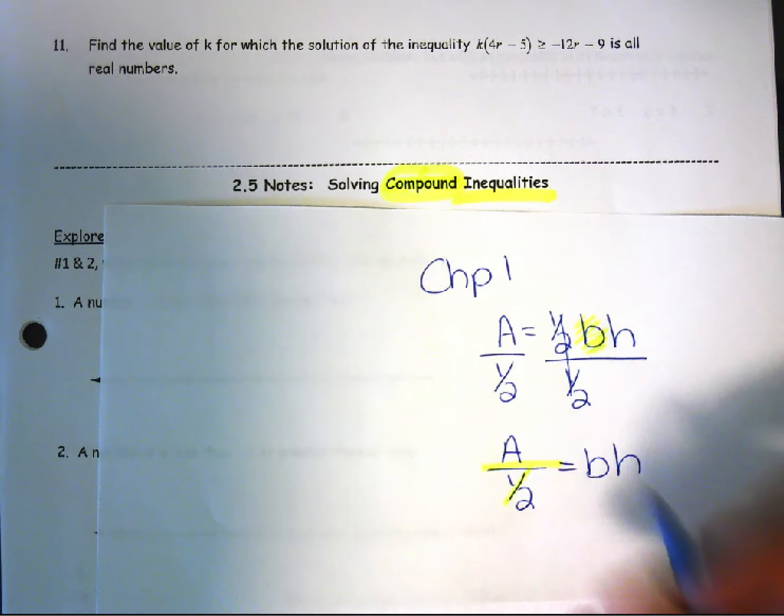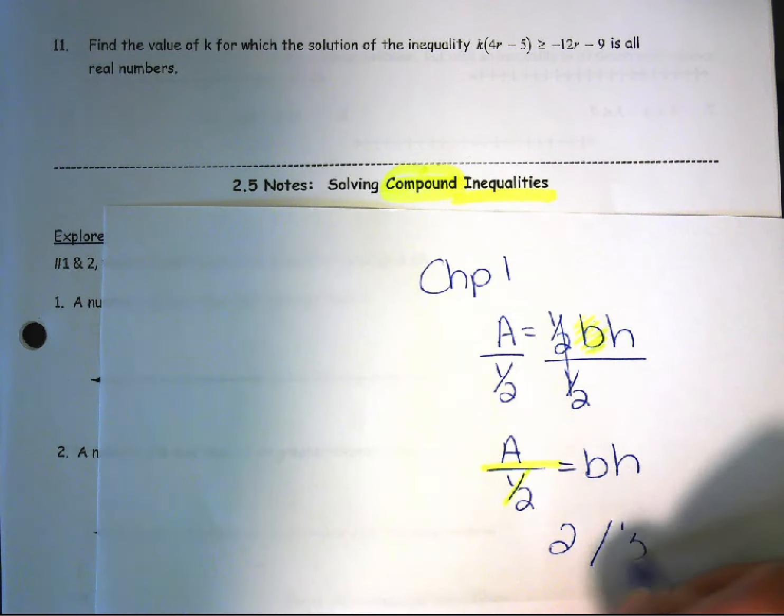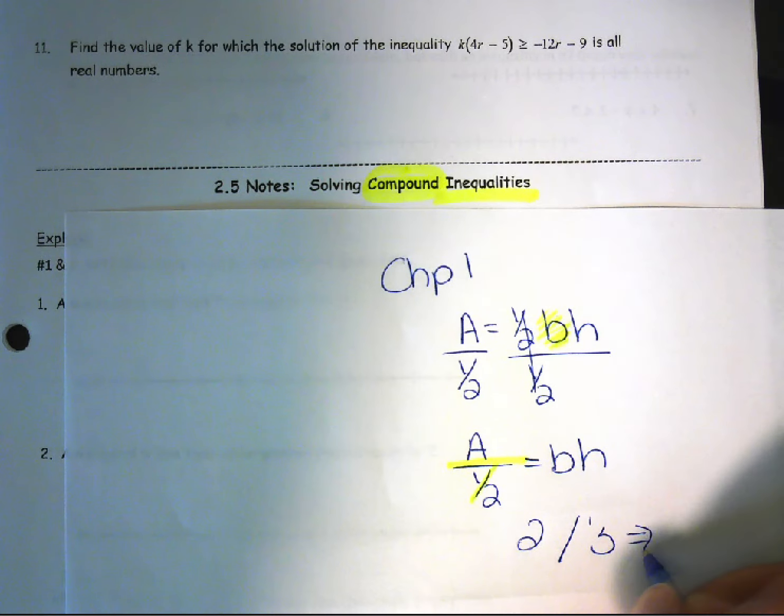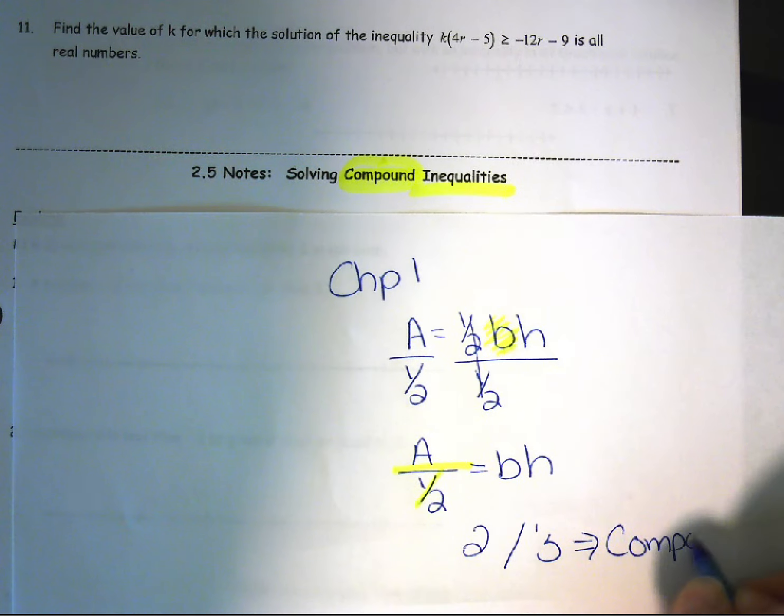You have two division bars, essentially, which is what we call a compound fraction.